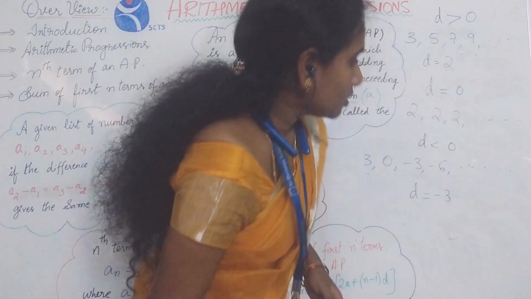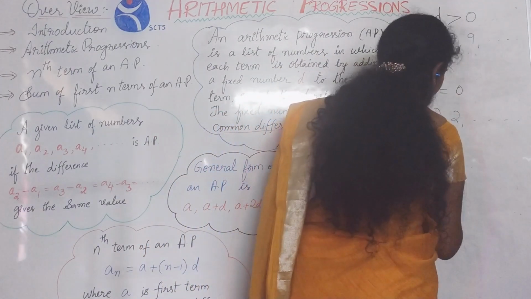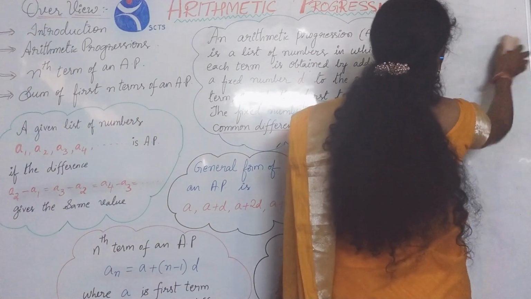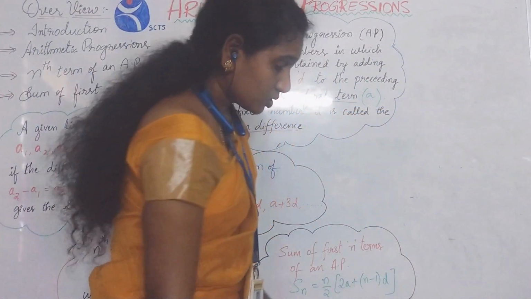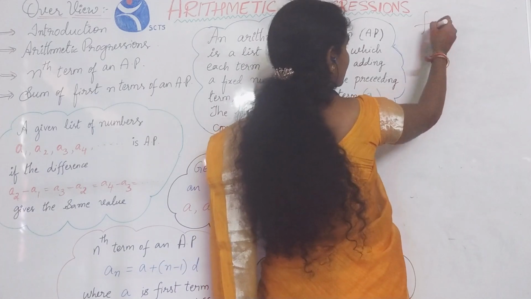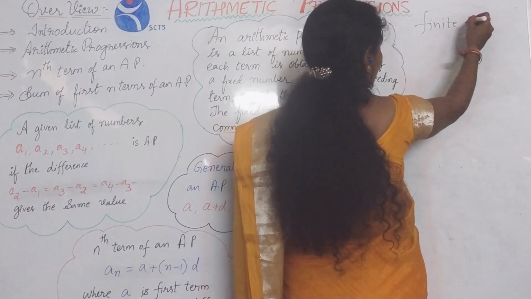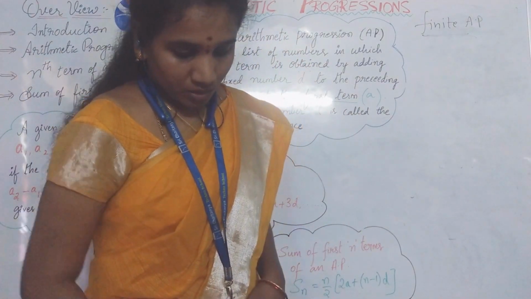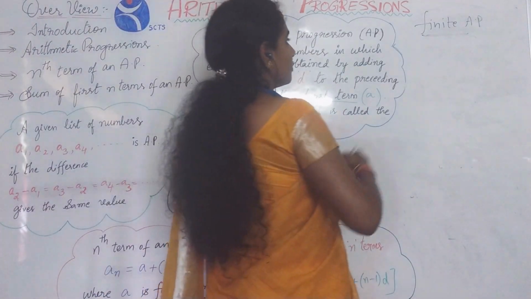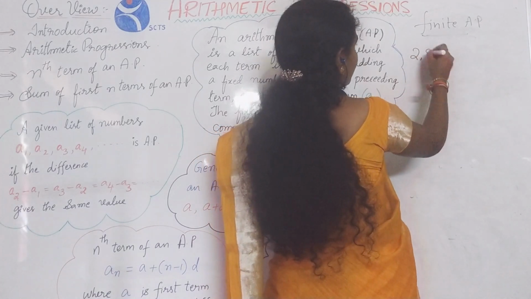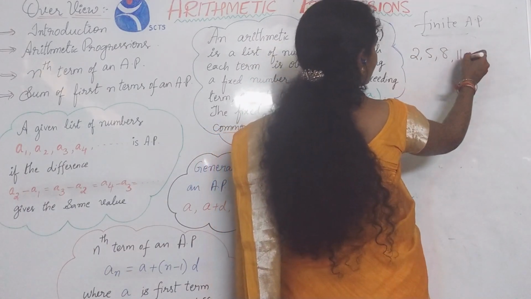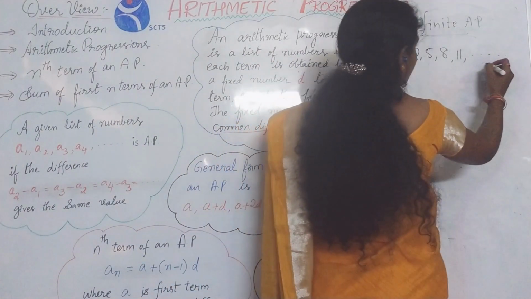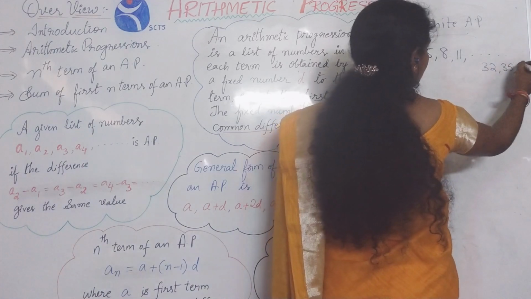Next, we will learn what are finite AP and infinite AP. Finite means countable, infinite means uncountable. So finite AP is an AP where you know the last term. For example, if I take 2, 5, 8, 11, and so on, up to 32, 35, 38.